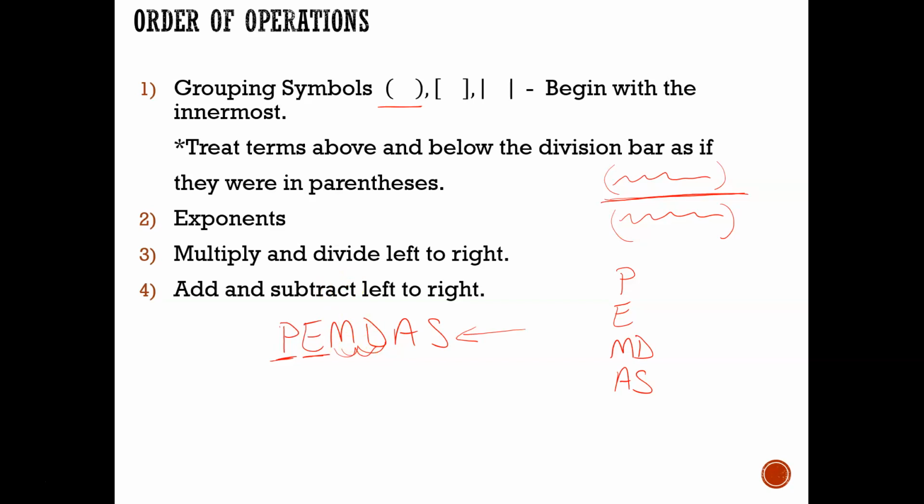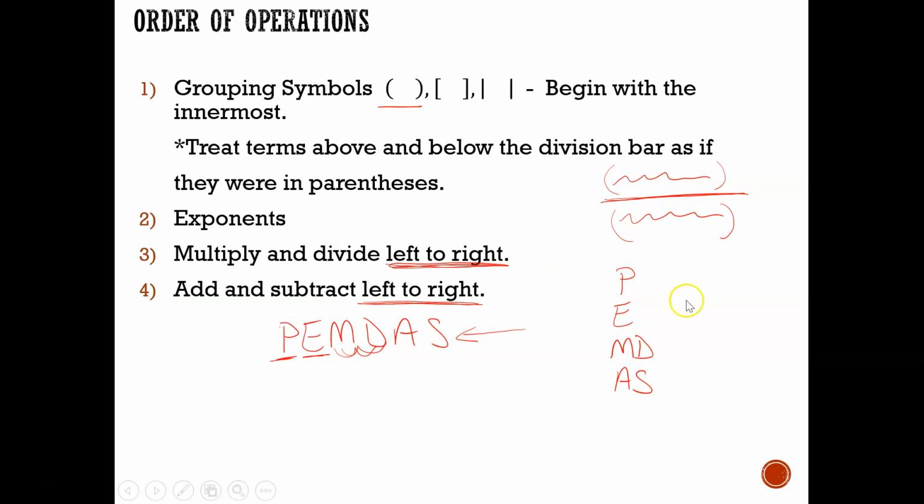If the multiplication is on the left, you do it first. So always do multiply and divide from left to right when you're just working with those two operations. So MD together on the same step. And then add and subtract, we're putting those together as well. And those can also be done left to right. You don't have to always add before you subtract.